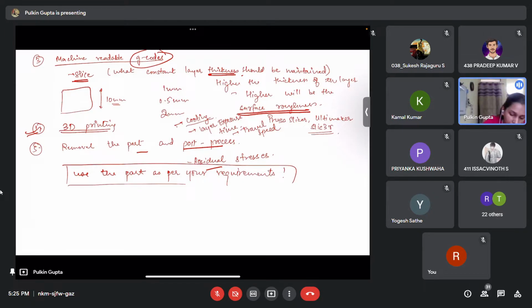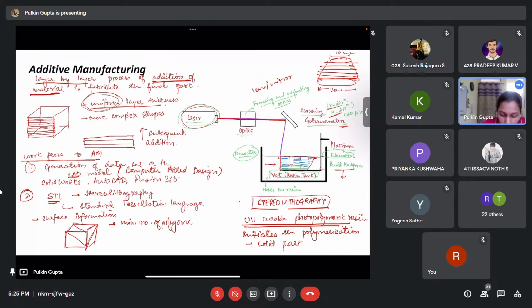Now, to take an example of an additively manufactured process, we have stereolithography, which uses a UV curable photopolymeric resin and a laser to eject a UV beam. Then we have the optics that focuses the beam.